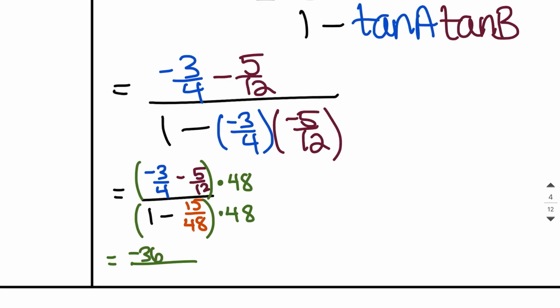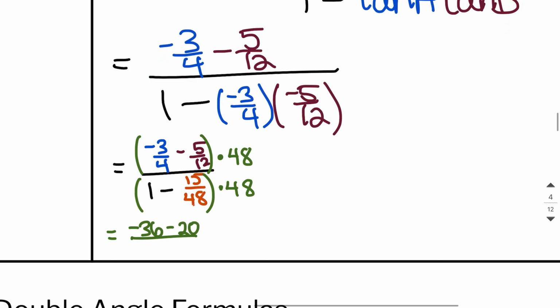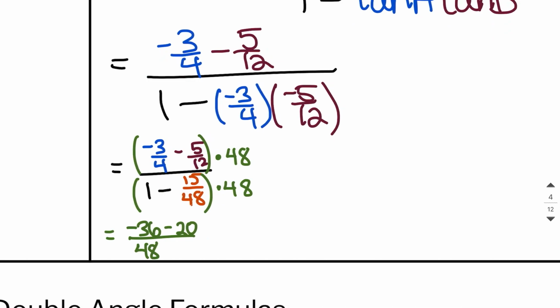And when I multiply -5/12 by 48, I would get -20. And then in the denominator, 1 times 48 would just be 48, and 15 over 48 times 48 would be 15. So I would end up getting -56 over 33. So my answer here would be -56 over 33.